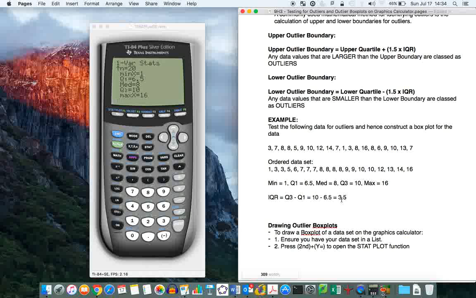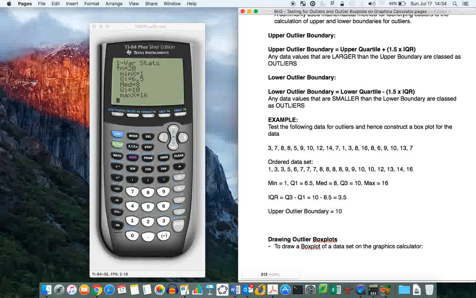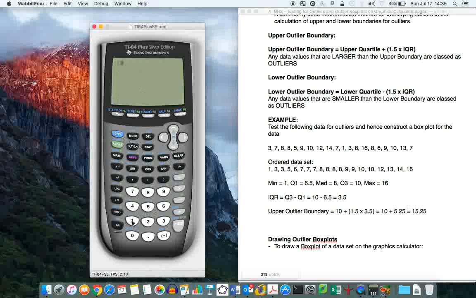Now I can work out what the upper outlier boundary is going to be: the upper quartile, which was 10, plus 1.5 times the interquartile range, which was 3.5. Using BEDMAS, I need to work out what 1.5 times 3.5 is. It's going to be 5.25. So the upper outlier boundary is going to be 15.25. Just double check that there. I don't trust myself. Yeah, 5.25.